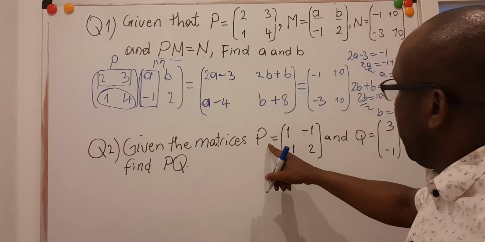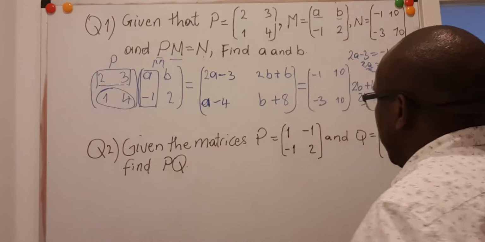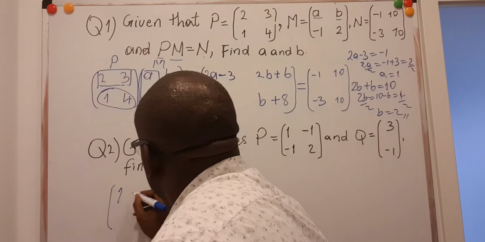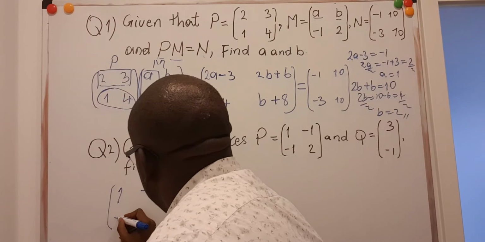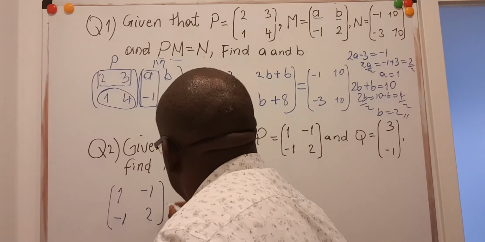Given the matrices P, this, and Q, that, find the product. So once again, write my 1, minus 1, minus 1, 2. And this is 3, minus 1.